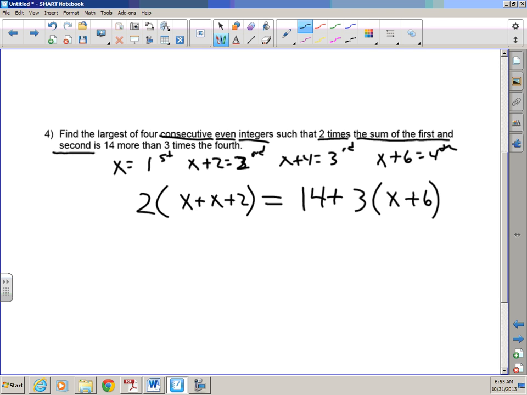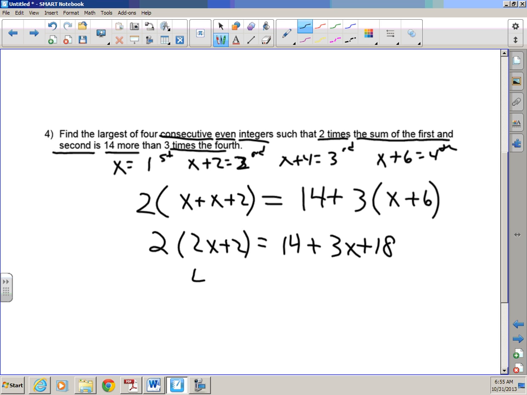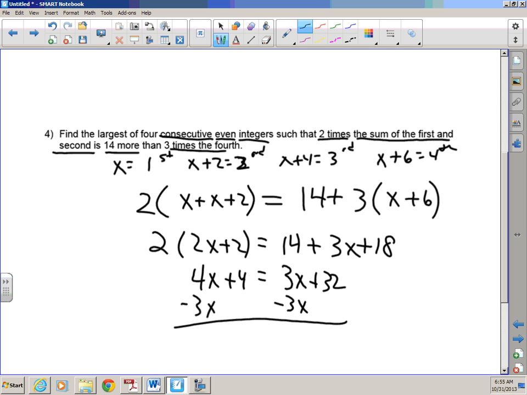No, that sometimes happens in these problems. 14 more, 3 times the fourth. So, 2 times 2x plus 2 is equal to 14 plus 3x plus 18. I get 4x plus 4 equals 3x plus 32. I subtract 3x. X plus 4 equals 32. X is equal to 28.